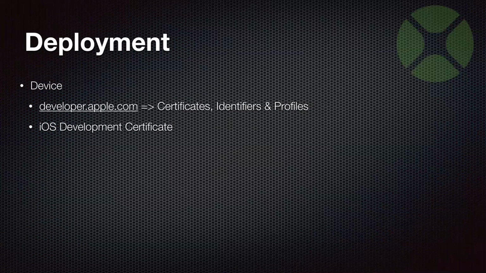So when you're deploying to a device, you need the iOS development certificate. And then you need to create an app ID for the app you're working on. So that also matches up with the bundle identifier. So that's the reverse domain thing. So it would be like com.xojo.feedback would be an app ID for a version of feedback that was going to iOS, for example.